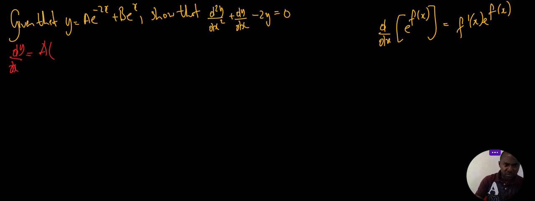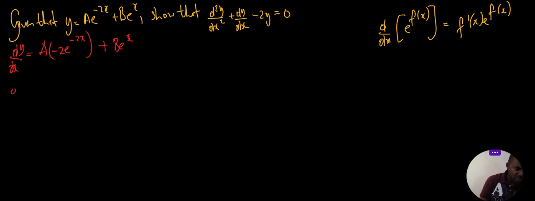So therefore what this is going to give us is this. When you differentiate minus 2x, we get minus 2, simply minus 2e to the minus 2x. Then we have plus, well, e to the x, the derivative is just e to the x, so that just remains as b e to the x. Now that is the first derivative. Let's leave it as that for now.